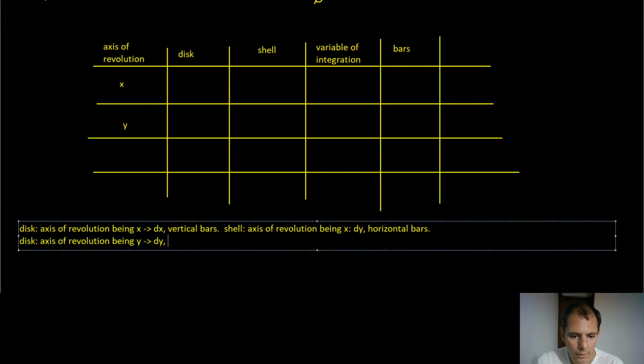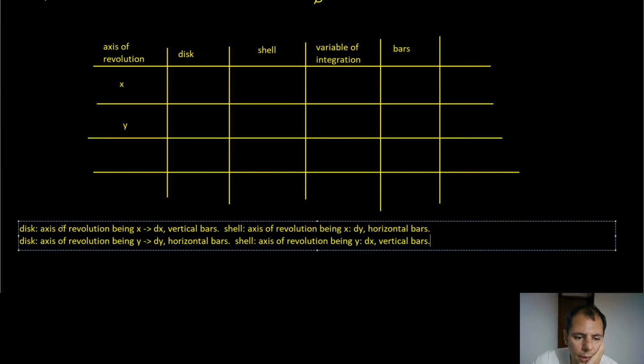You're going to have horizontal bars, and that's it. Now for the shell, axis of revolution being y, you're going to integrate with respect to dx, and you're going to have vertical bars. It's like a little messed up scheme that I made in there.